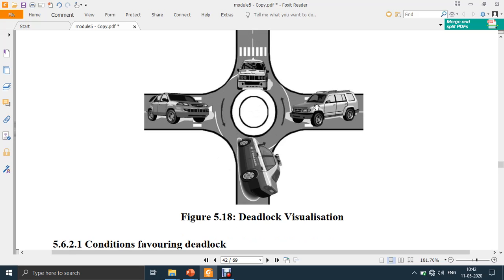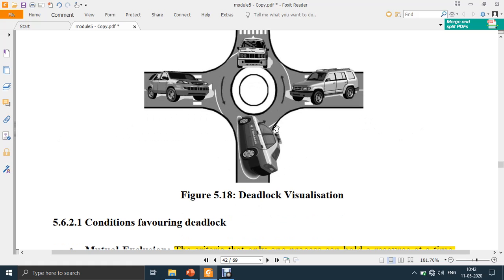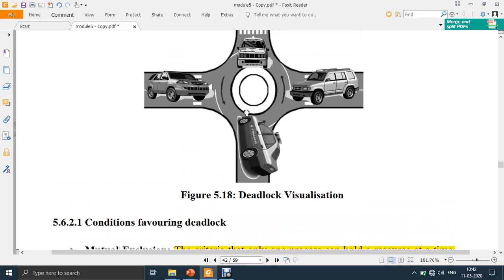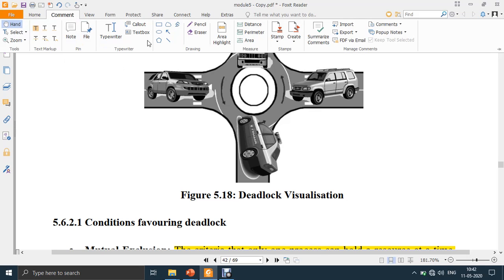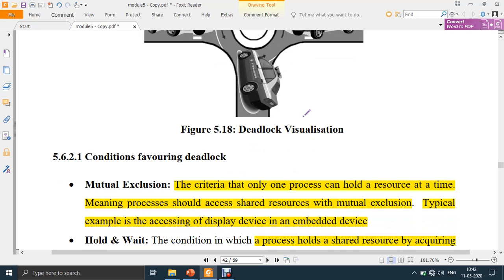Behind each car there will be more cars. So none of the cars can progress if there is no signal. Signal here means a task synchronization procedure, which is missing.